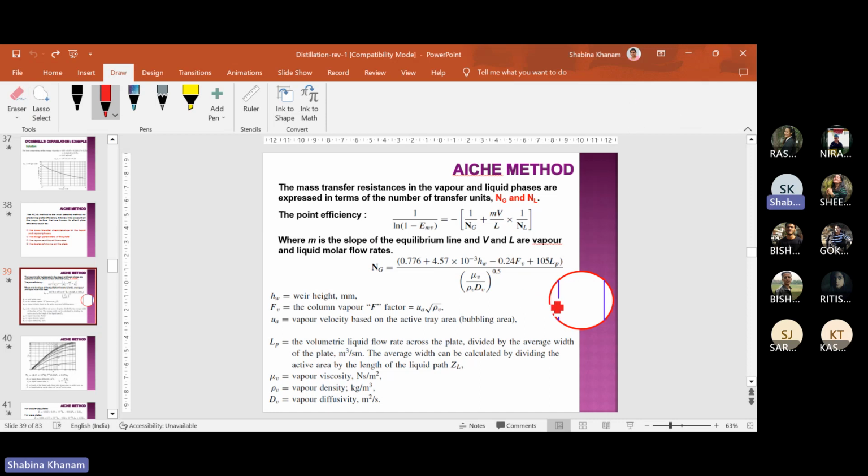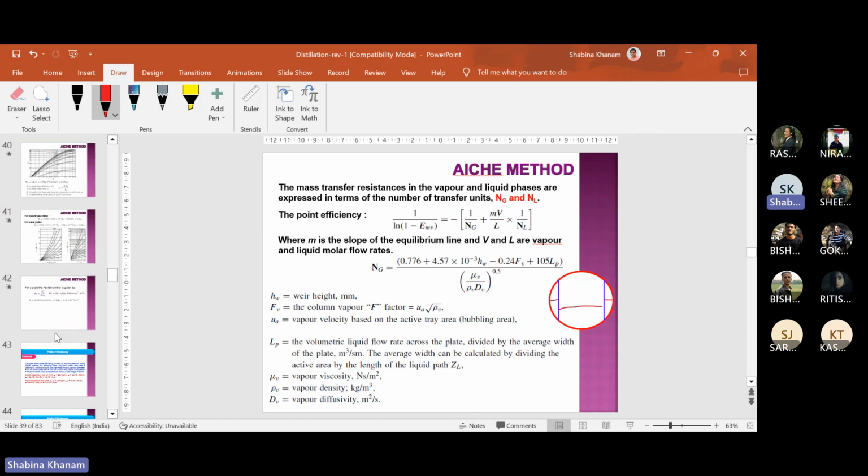If you consider, this is Lh and this is Lh, so column diameter minus twice this Lh will give you the ZL. ZL is this, remember? Yes.